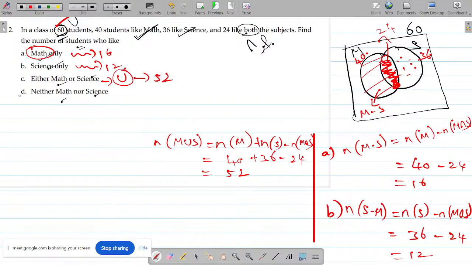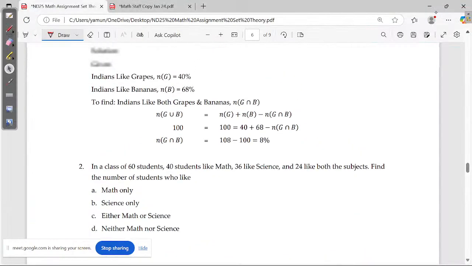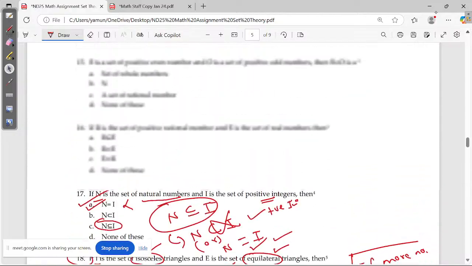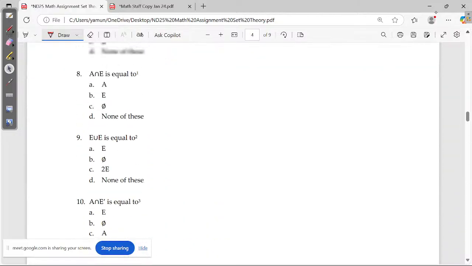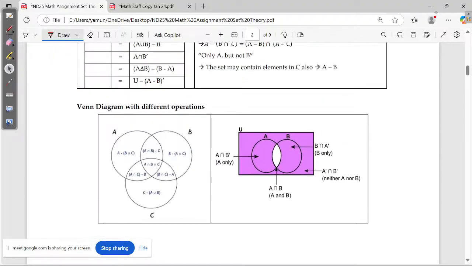The last subdivision, neither math nor science. Remember the formula which we use for neither math nor science? Let me take out the page, the Venn diagram we were using. Neither A nor B, we use A dash intersection B dash, or we can say A union B, the whole dash.